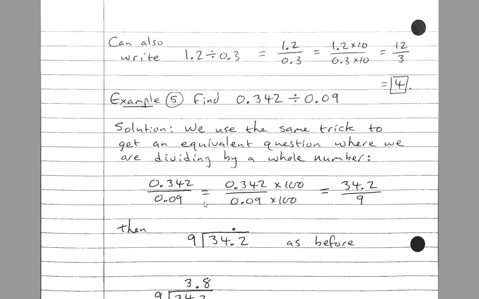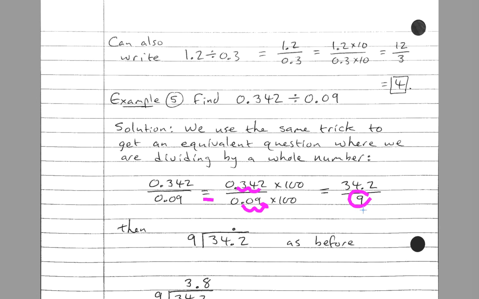Again, writing it like this, this time we need to multiply by 100. So the decimal point ends up here, so we're getting 9. Multiply the top by 100 as well to keep it the same. So the top is still a decimal, but that's okay. The main thing is we need to be dividing by a whole number.